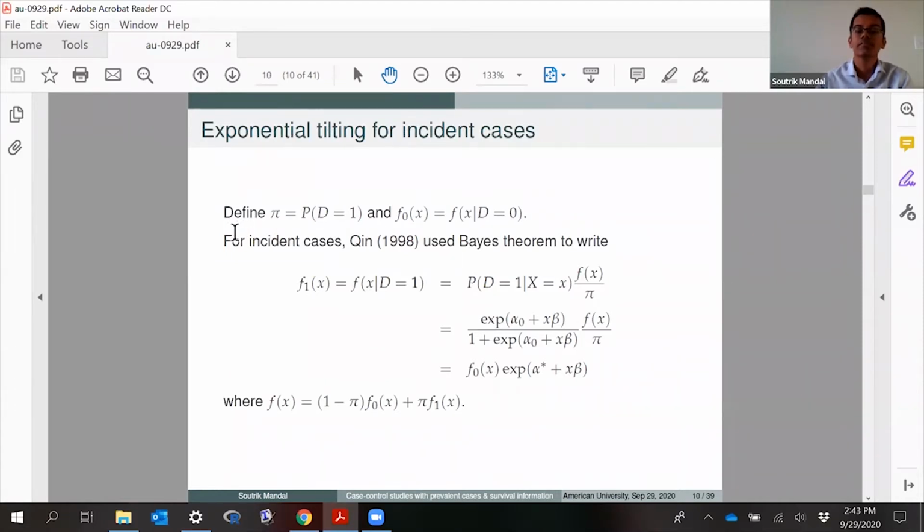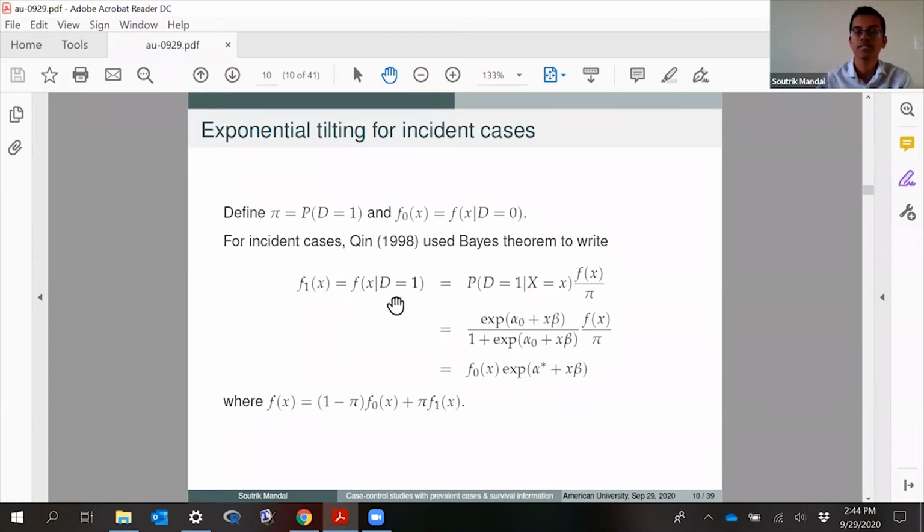So define pi as the probability of D equals to 1, and f0(x) is the exposure distribution for controls. For incident cases, Qin 1998 used Bayes theorem to write the exposure distribution for incident cases in terms of the exposure distribution for controls.